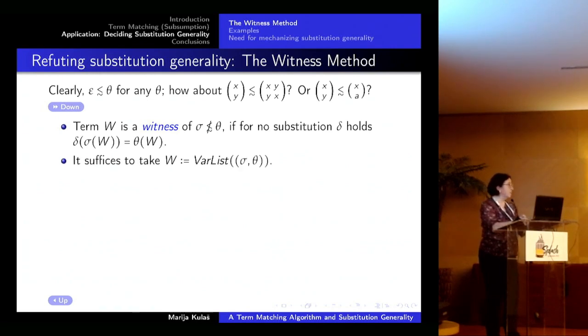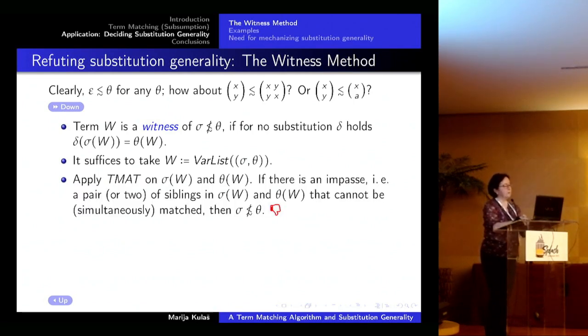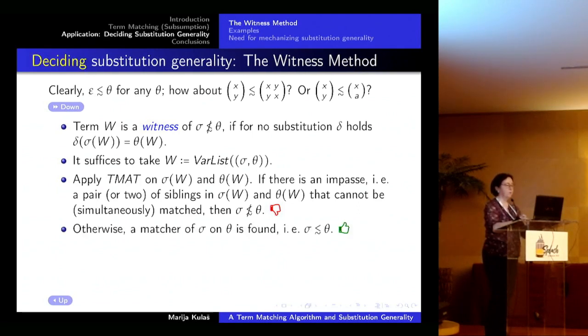And luckily, it's simple. We just take all the active variables of sigma and theta, and that suffices. So we apply a term matching algorithm on the respective instances. And if we get an impasse, then the generality is refuted.